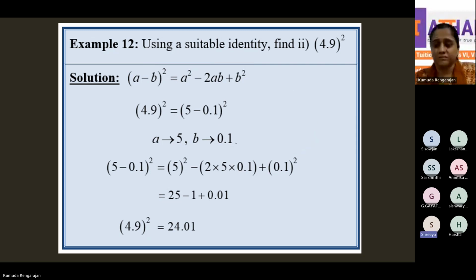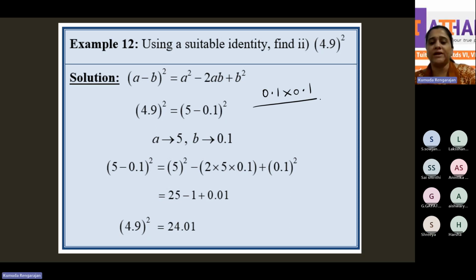Ma'am, I have a doubt. Yes, Shreya. Ma'am, why is there 25 minus 1 plus 0.01? Okay, let's multiply 0.1 into 0.1, correct? Yes, ma'am. So what is 1 into 1? 1.